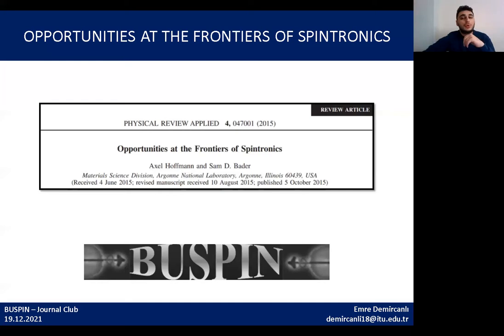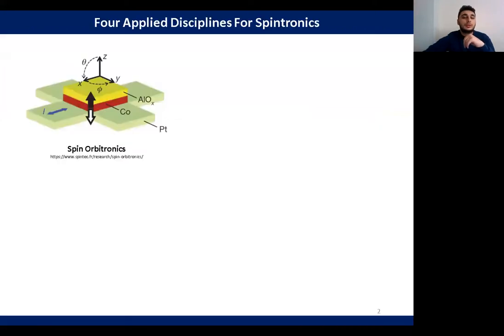Okay, if we move on to the article, this article mainly deals with phenomena in the field of spintronics. The first of these is spin orbitronics, which aims to generate spin currents even in non-magnetic materials using various spin-orbit couplings.